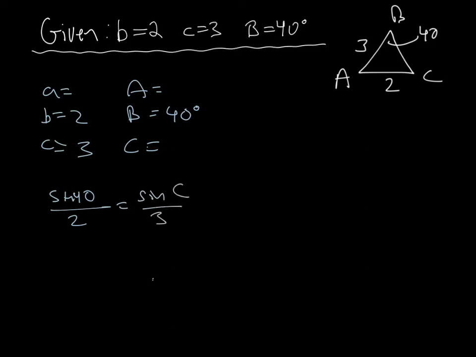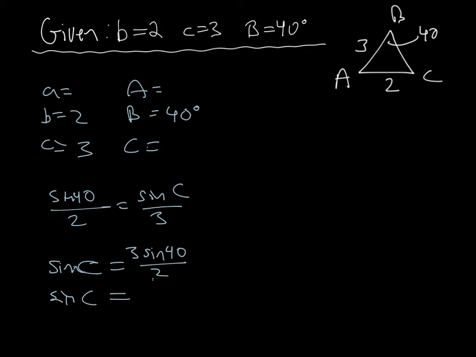And let's cross multiply and divide here, so that gives me sine of C equals 3 sine 40 over 2. It's hard to write on this.